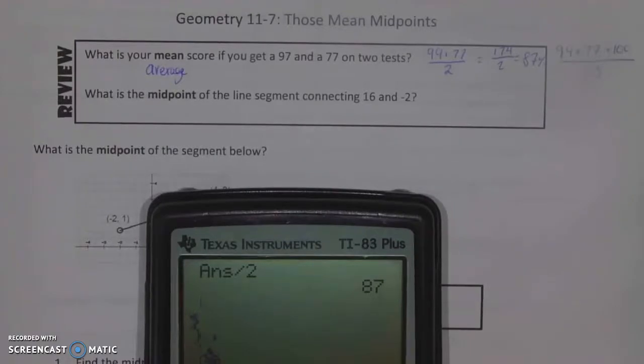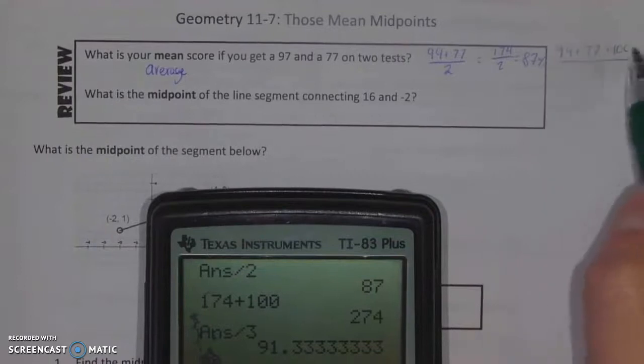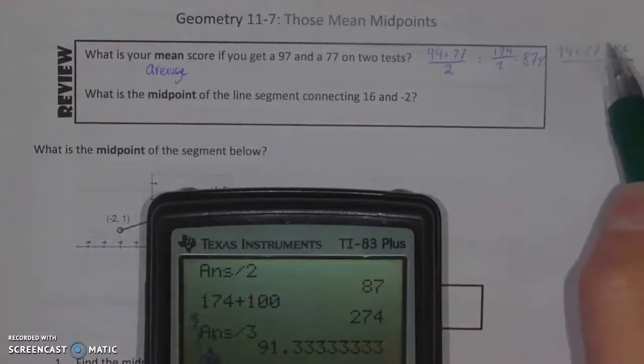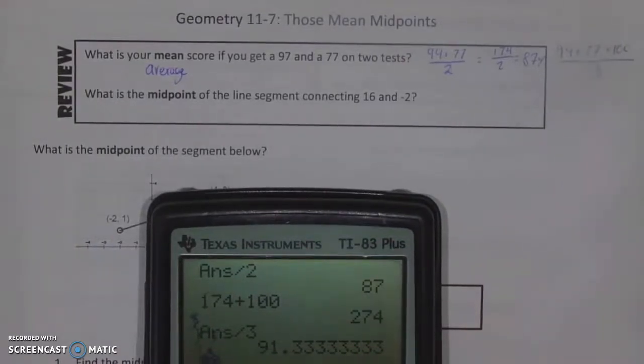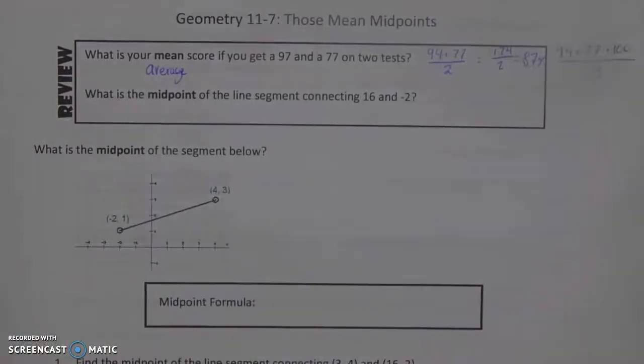So I take my original 174, the 97 plus 77, I'd add 100 to it. Don't really need a calculator for this, but 274 divided by 3 would give me my new average of 92%, which is pretty stinking great. So notice, by the way, also how much that 100% can really help you out there. But we're not going to worry about that too much.